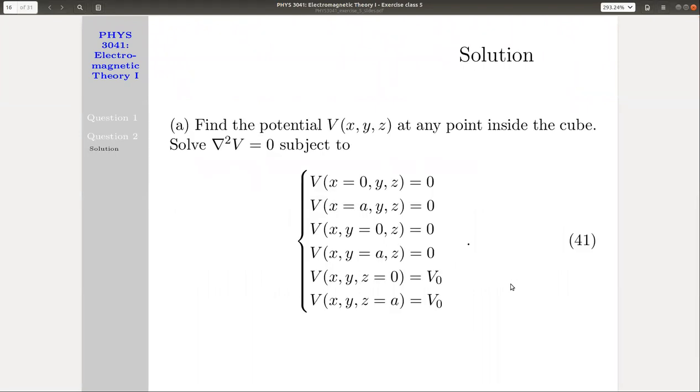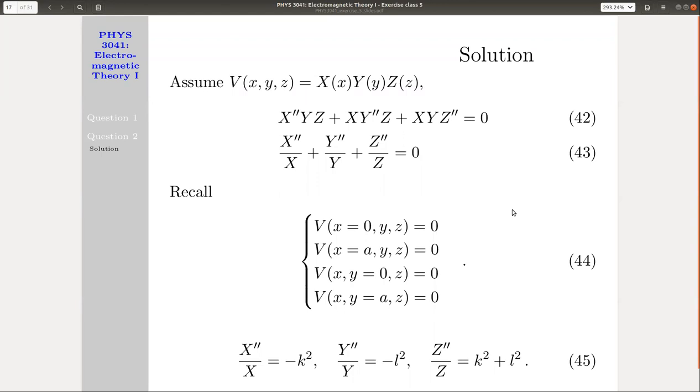So the question is simply to solve the Laplace equation, subject to these boundary conditions. So the 4 planes here, x equals 0, x equals a, and y equals 0, y equals a, have 0 potential. And the 2 walls on the z planes are held at some constant potential V0.